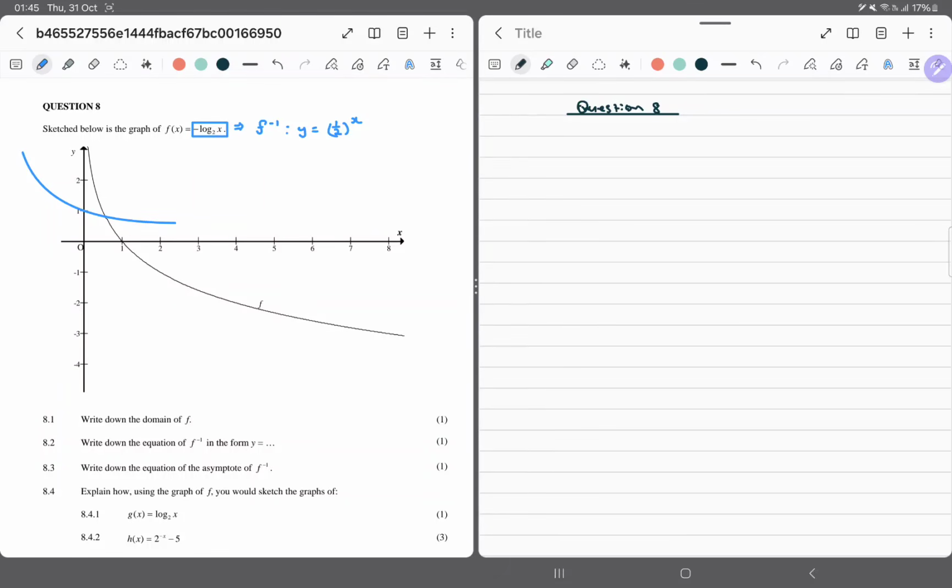So this is essentially what I would expect, but maybe let me do it better. It would be doing stuff like this, passing through there. So this would be the f inverse. Easy.